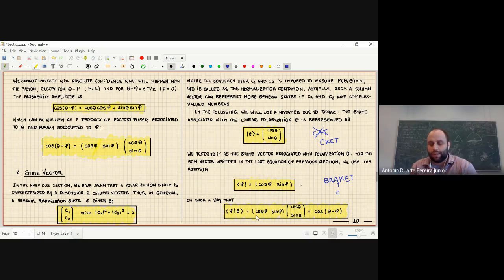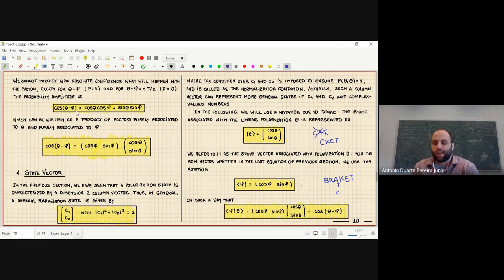And look, if I take the product of this row vector with this column vector, I will multiply this cosine phi with cosine theta, and this will produce this term here. If I multiply sine phi by sine theta, I will produce the second term here. So when I take this product, what I obtain is cosine of theta minus phi.